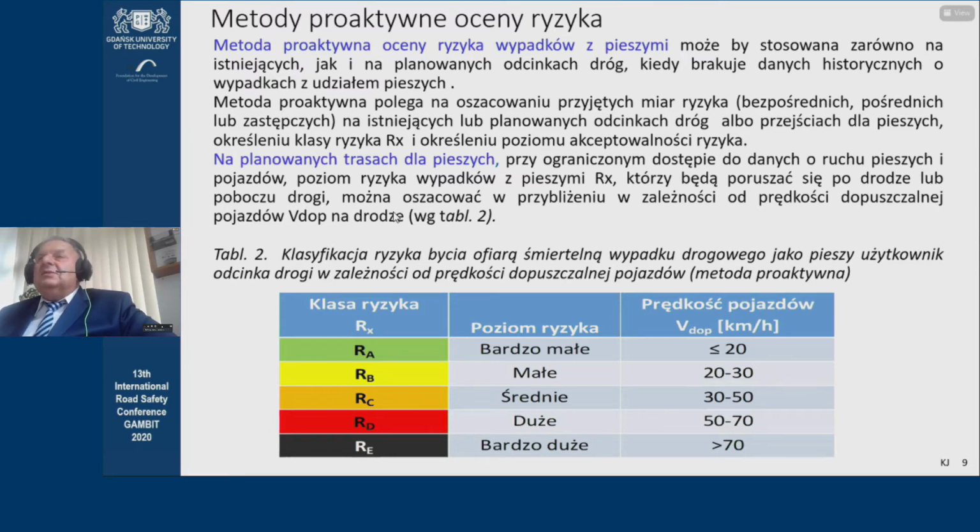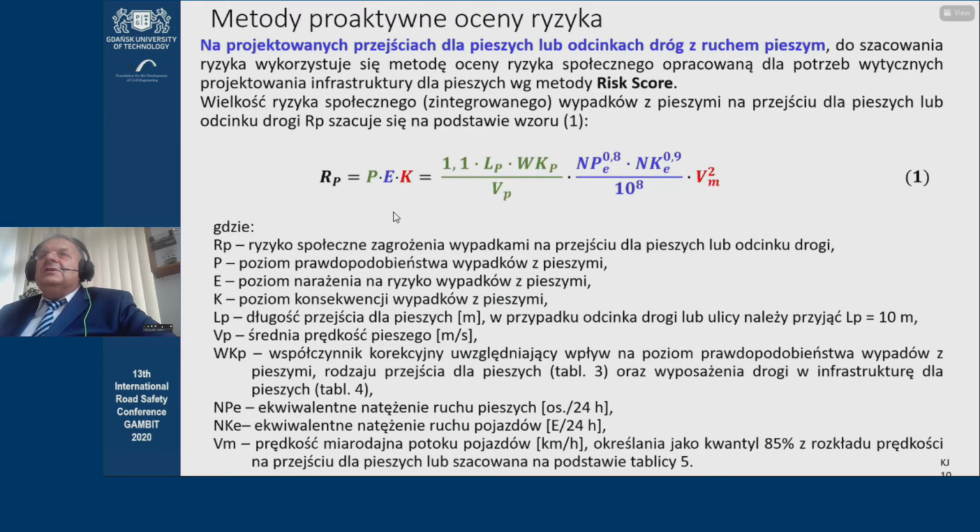And here's a simplified method for classifying risk on those sections of roads for specific speeds. Anything above 70, then that's not a good road for a pedestrian to be on. And speeds below 20, that's residential areas, that's where the risk is negligible.